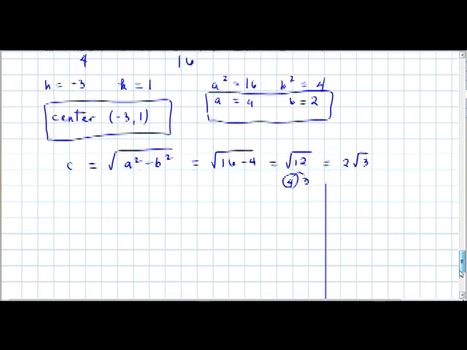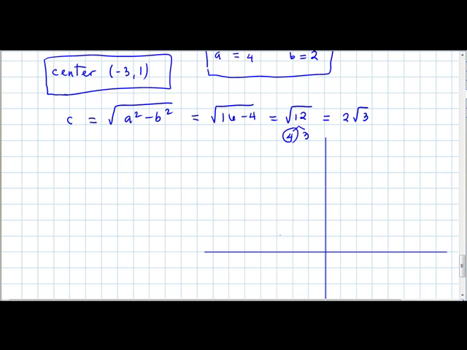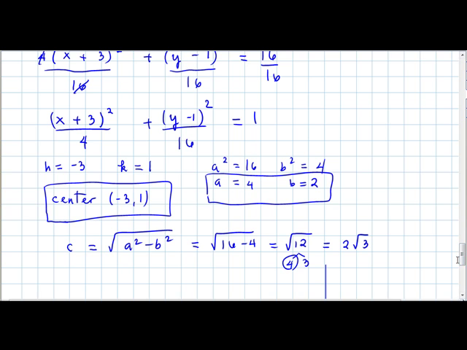I know our center is minus 3, 1. But here's our center. And we know that A is 4, B is 2. But we have a vertical ellipse because our y square term had a larger denominator.